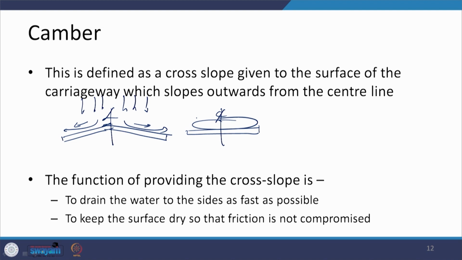And when the water has gone away and it becomes dry, now we have talked about the friction, we talked about the tire and pavement interaction, and there the friction was discussed, and we also looked at the surface being dry and the surface being wet.